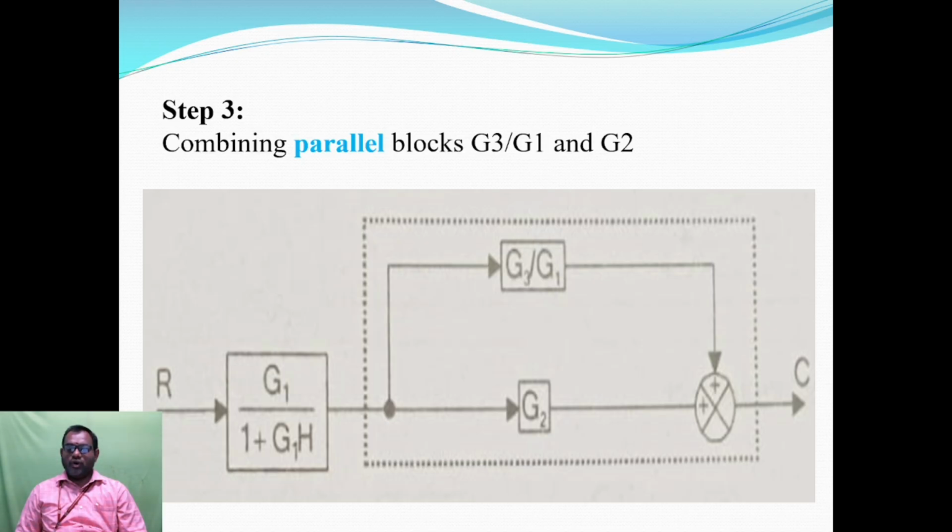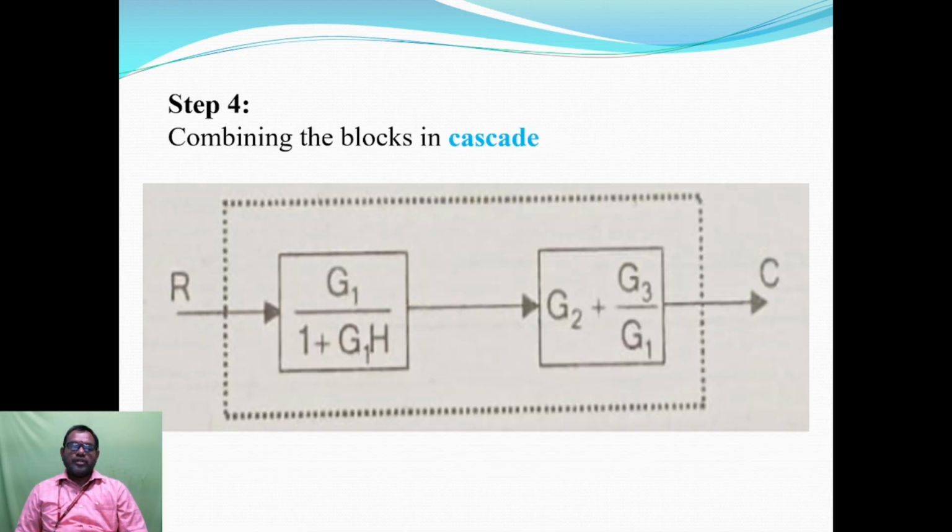So the total output C is obtained by reducing the parallel blocks. Then step number 4 is combining the two blocks. The first block is G1 divided by 1 plus G1H, and the second block is G2 plus G3 by G1. So these two blocks are in cascade.